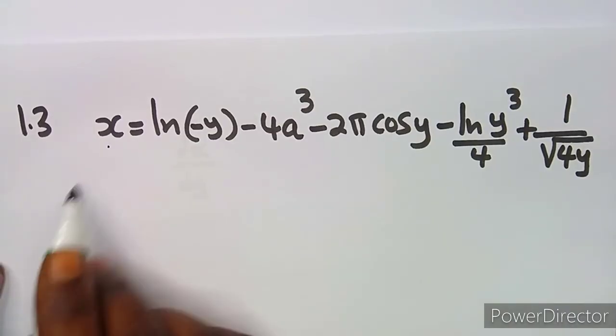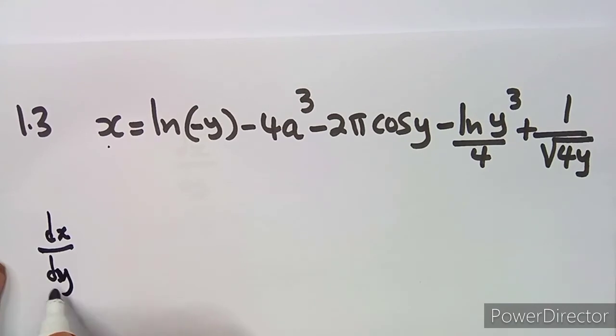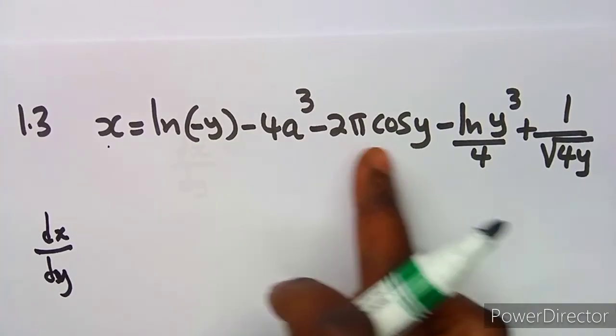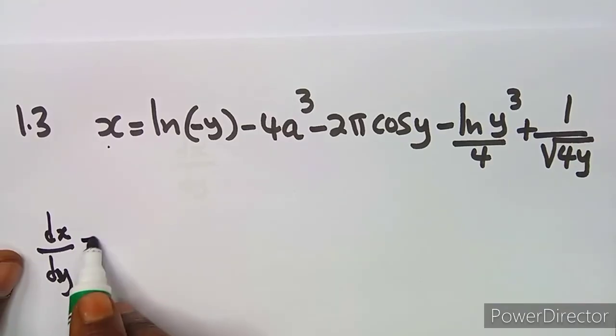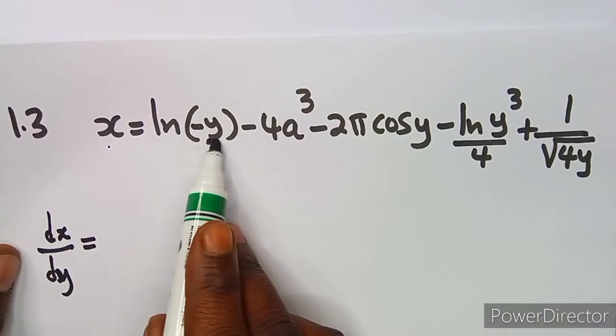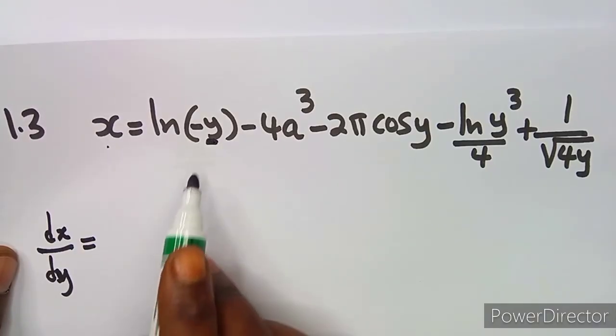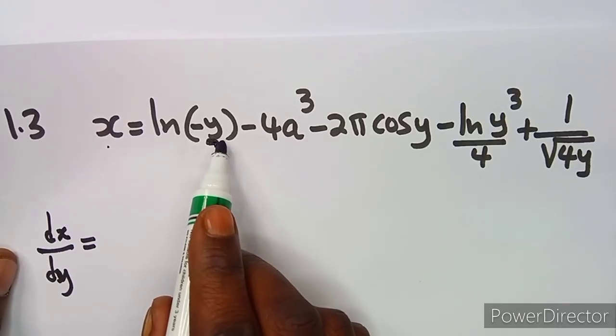All right, so let's find the first one, dx dy. As you saw, this has 5 marks, so each and every part is going to have a mark, 1, 2, 3, 4, 5. So here you're differentiating ln. Remember guys, when you're differentiating ln, it is the derivative over the function that is in the ln.